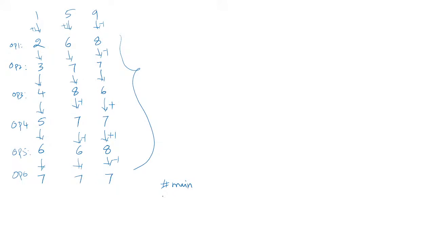Here I directly call the function. What we need to find is the minimum operations, so I call the function name find minimum operations. I'm just calling the function in the main code.